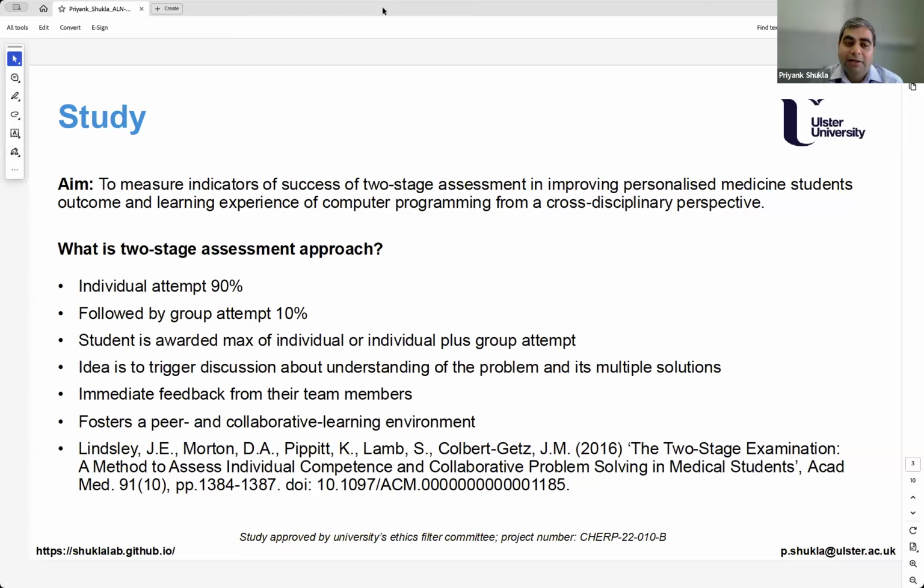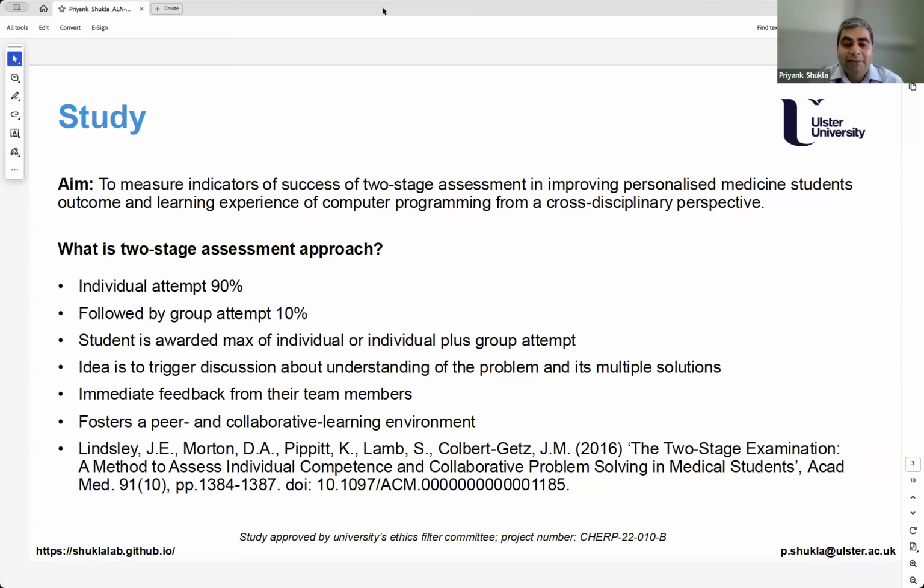Soon after that, on the same day, they do the same test, exactly the same assessment, in a group. And for obvious reasons, the weightage of that is less, 10%. And the students are awarded marks, whatever is best, either their individual attempt or individual plus group, which is 90% of individual and 10% of the group attempt. So whatever is maximum, that's the marks they get.